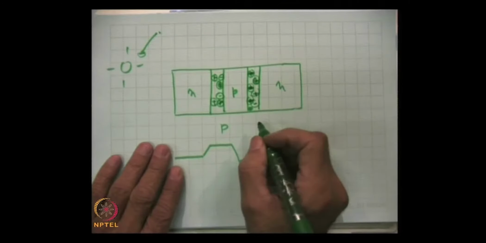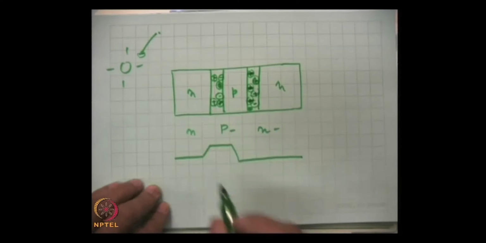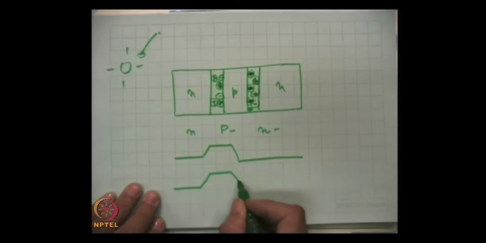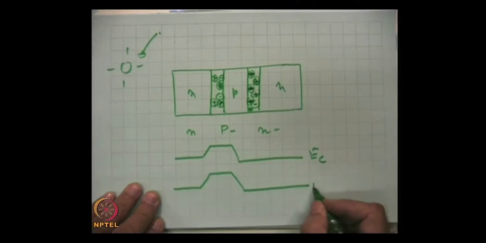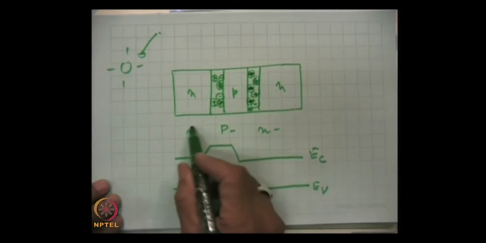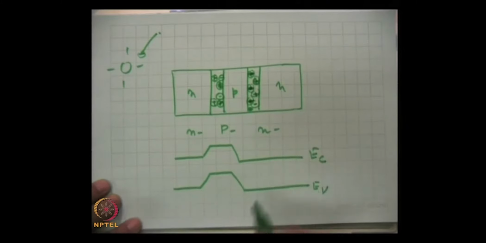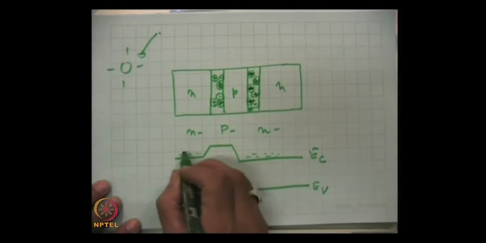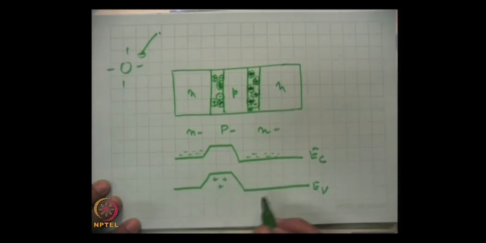In the case of the diode, we discussed this is N and this is also N, and here this is the conduction band edge, this is the valence band edge, and this is the emitter, this is the base, and this is the collector, and here there are electrons, here also electrons, and here these are holes.